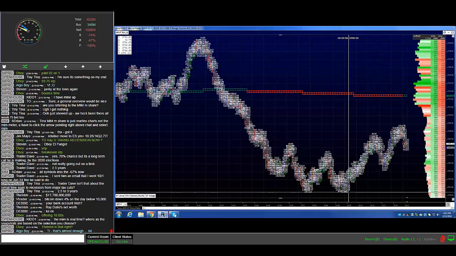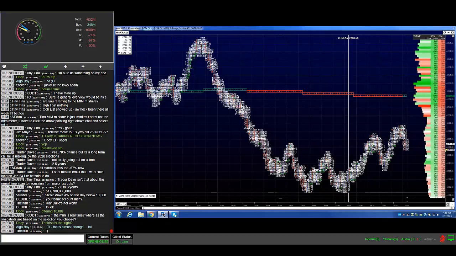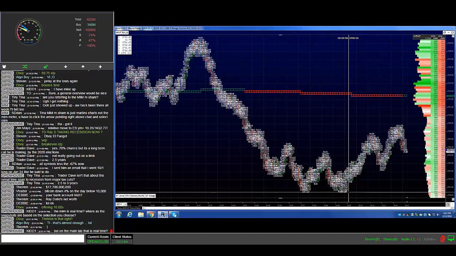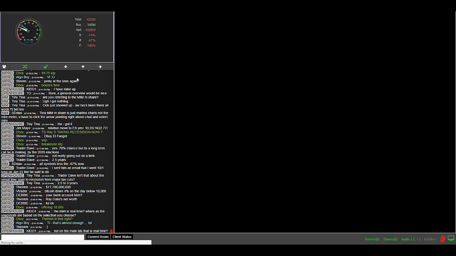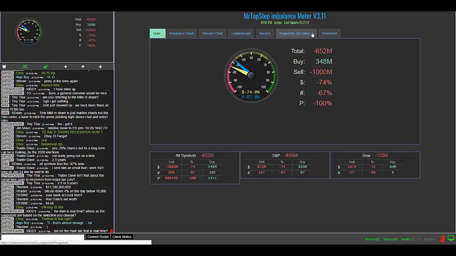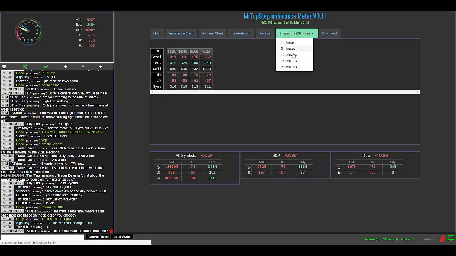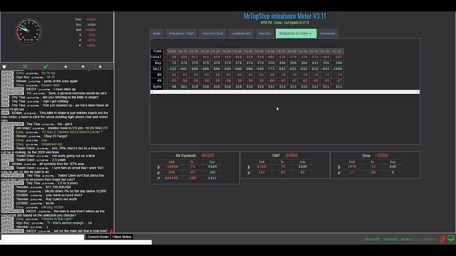Right, so if you go to the snapshot tab and you click on the upper thing, you do 5 minutes, you'll see that at 3 o'clock we were at minus 475 million to sell. Then we built up to minus 575, minus 584, and now we're 652. The dollar side got stronger, starting off at 61, 68, minus 70, minus 74, and the symbol side's getting stronger here too.